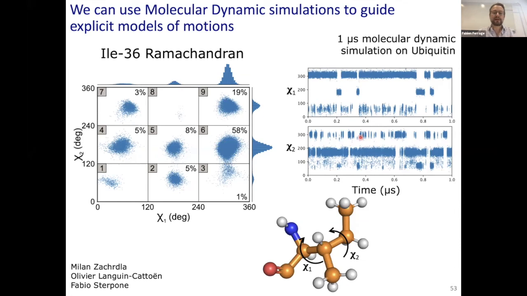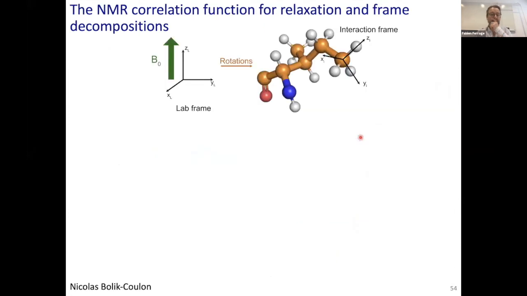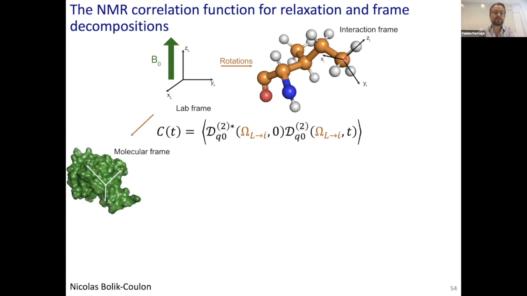So maybe we can start by looking at these models that were introduced many years ago and refresh them by combining relaxometry measurements and molecular dynamics simulations. What we want is to describe this correlation function that you see here, going from the lab frame to the interaction frame, say, of this dipole-dipole interaction.